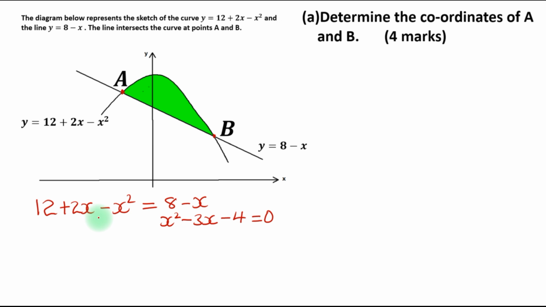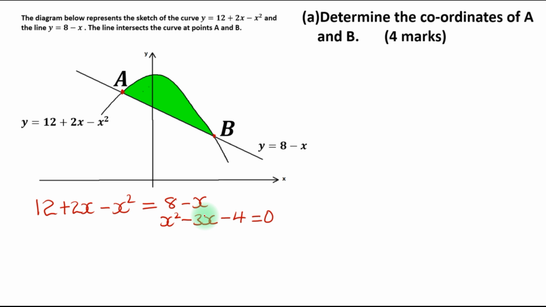Everything will be equal to 0. And therefore we have simplified this equation, and it has formed a quadratic equation. For this quadratic equation, we have to solve for x, and in that case, we are going to get two solutions.